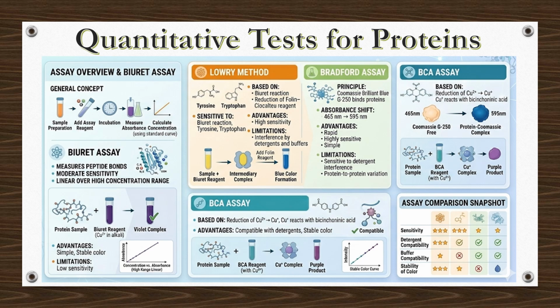Enzyme-linked immunosorbent assays provide extraordinary sensitivity and specificity for quantifying individual proteins in complex mixtures, detecting concentrations down to the picogram per milliliter range. Unlike general assays, ELISA is tailored to specific targets such as hormones, antibodies, or pathogen proteins, making it indispensable in clinical diagnostics.